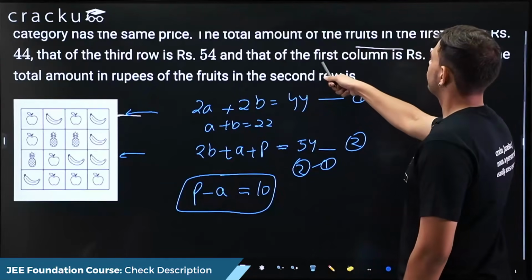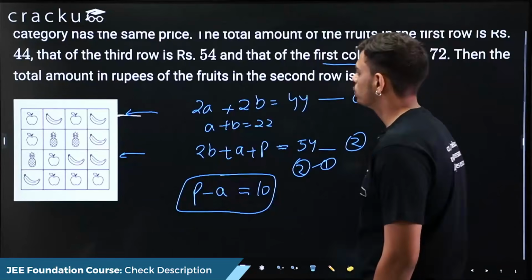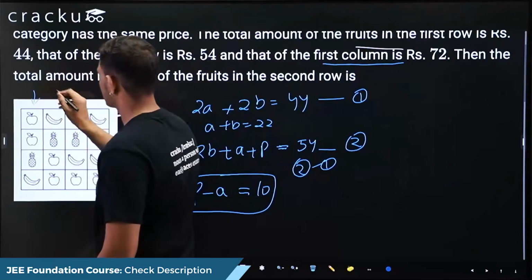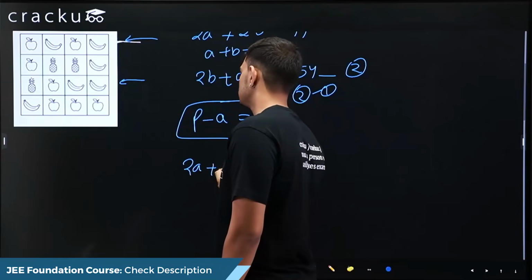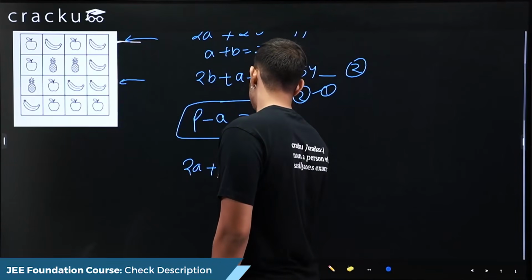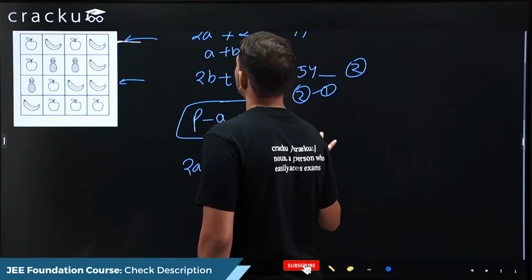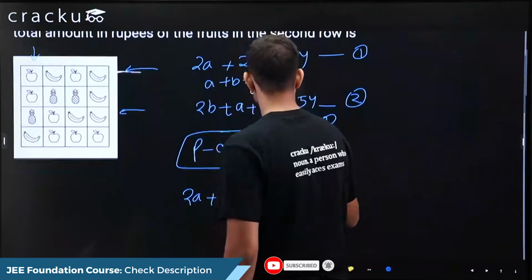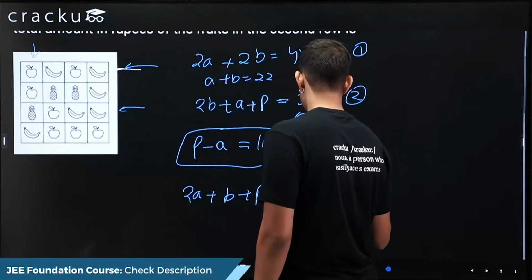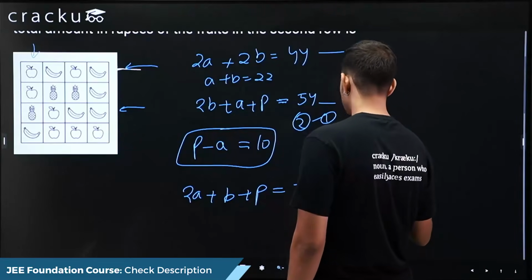So the amount in the first column is rupees 72. First column is this: 2 apples, 1 banana, and 1 pineapple is 72. Let us suppose this to be the third equation.